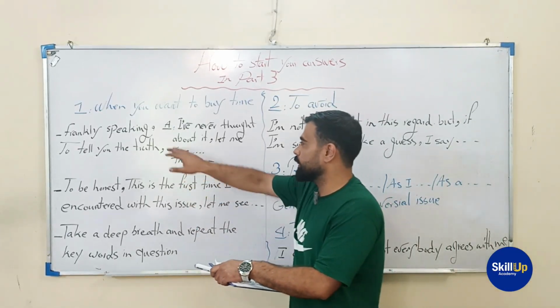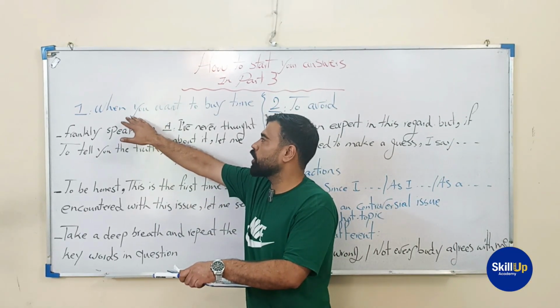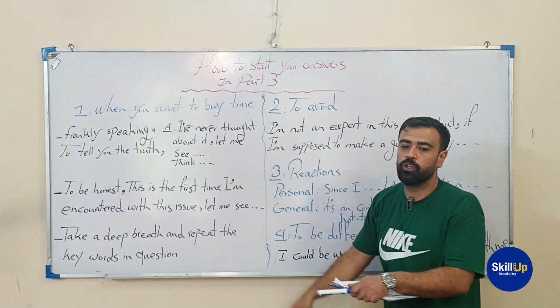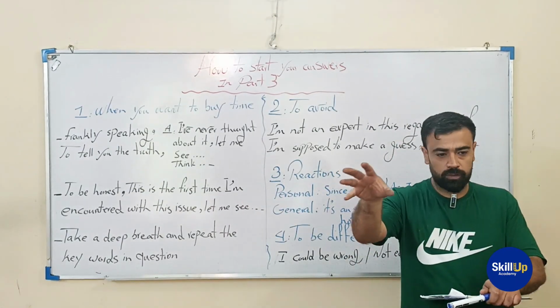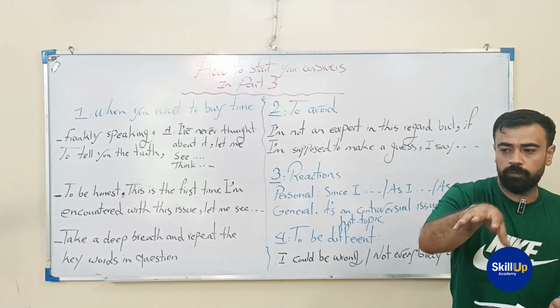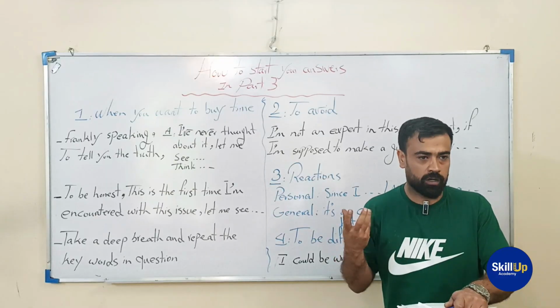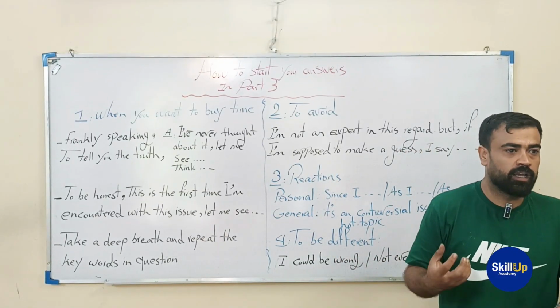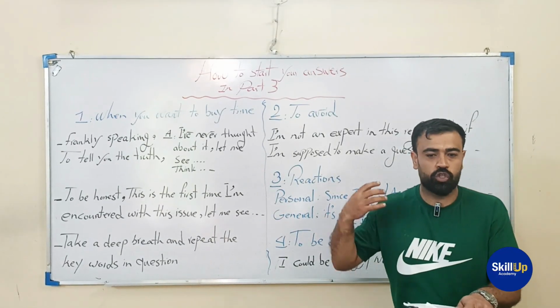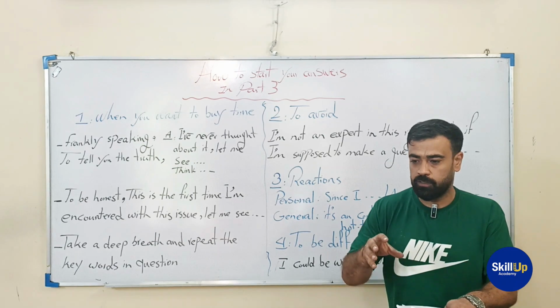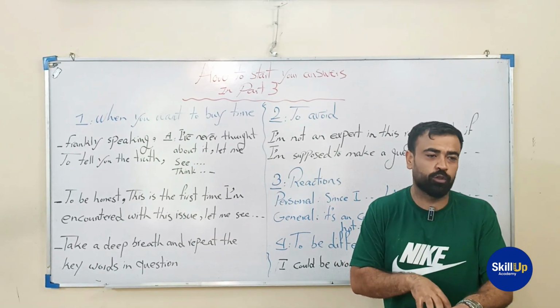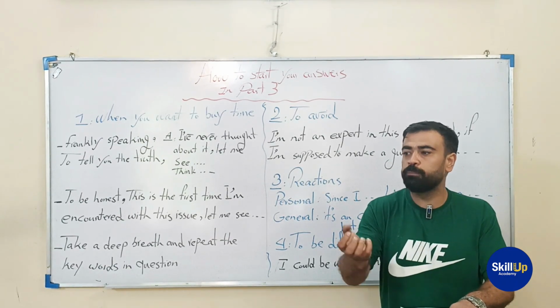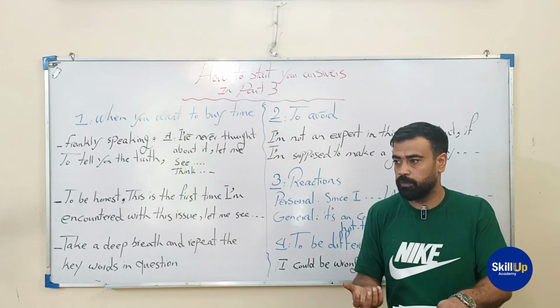The first one, which is so common, is when you want to buy time for yourself. As you've noticed, some of the questions in IELTS Speaking Part 3 are a little bit challenging. And it is strange to start answering because in the first place, they are difficult to answer. And you want to buy yourself some time, okay?